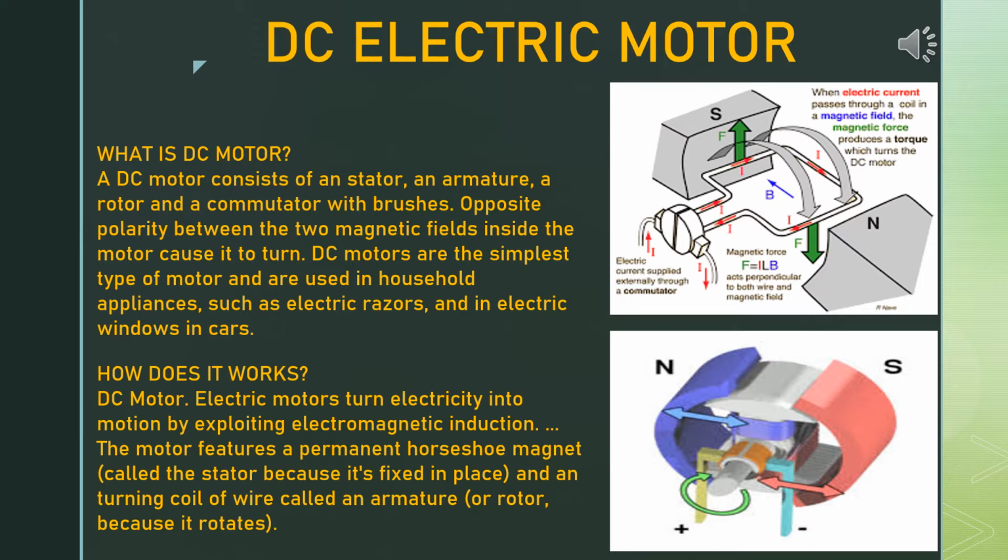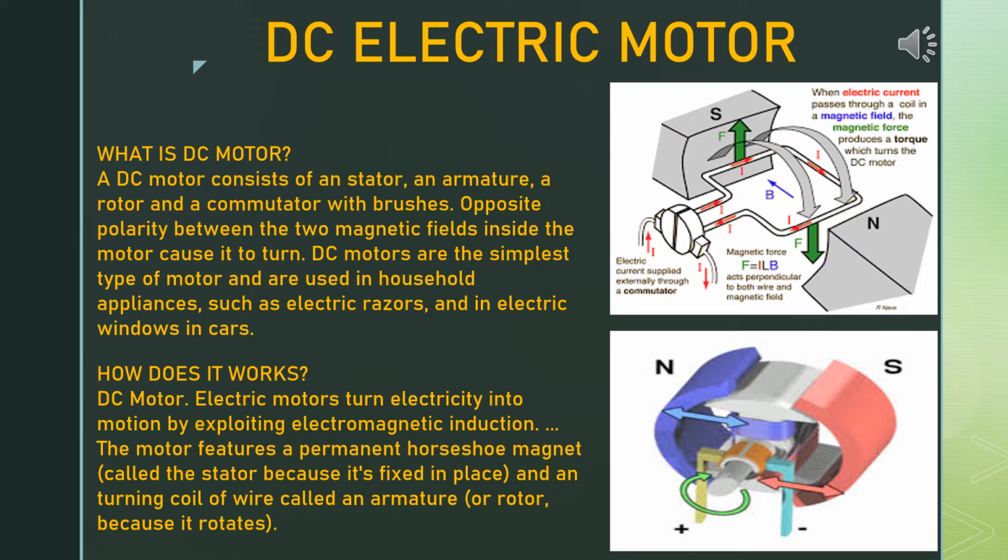Now see the diagram. First one, like your book, a diagrammatic structure has been given. When electric current passes through a coil in a magnetic field, the magnetic force produces a torque which turns the DC motor. Torque means it's a type of force.